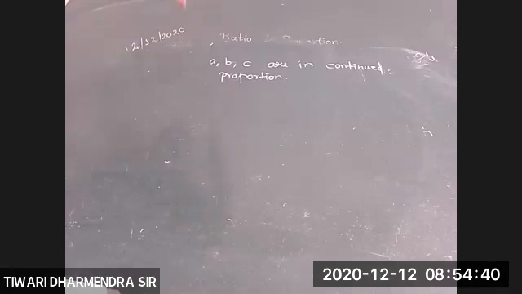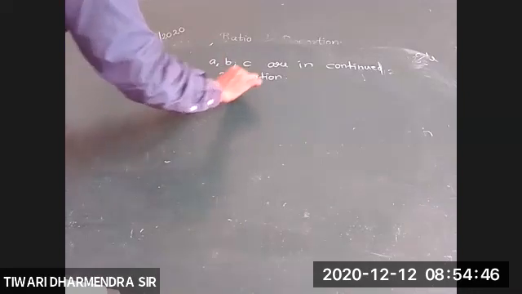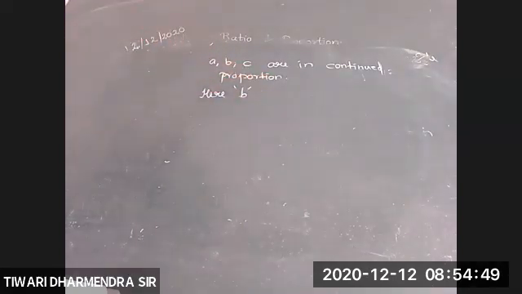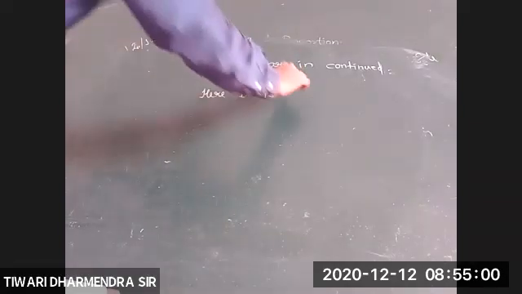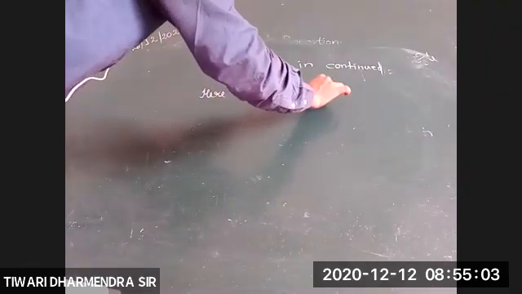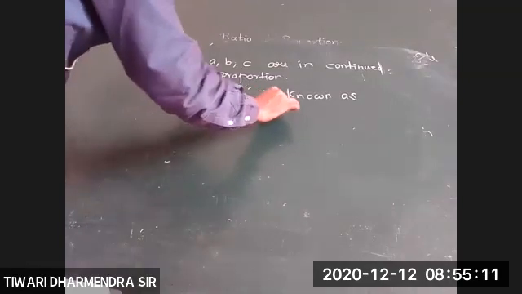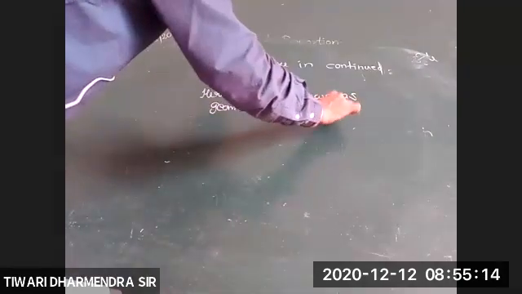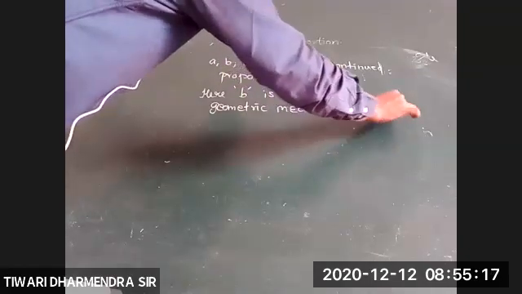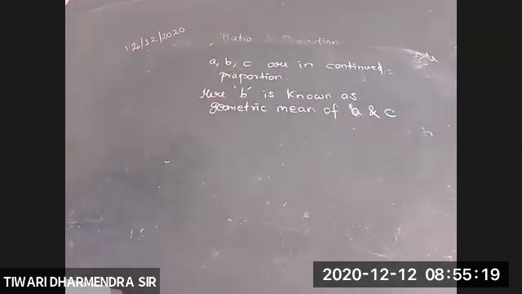He says if A, B, C are in continued proportion, here B, the middle number, which is going to appear twice in the continued proportion ratio, is known as the geometric mean of A and C. Very important concept.